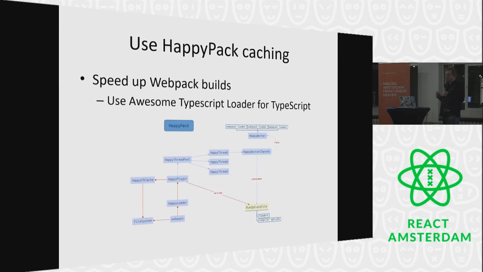So it turns out there is this loader for Webpack which is brilliant. It's called HappyPack. And it addresses the issue in a few different ways. First thing it does, it says, well, all of this is JavaScript running in Node. Node is single threaded, so that's one core doing something.